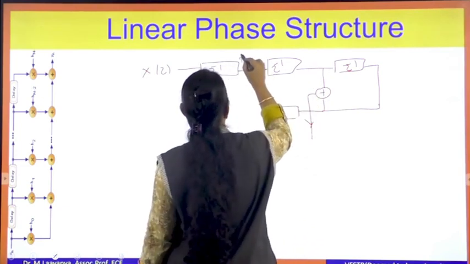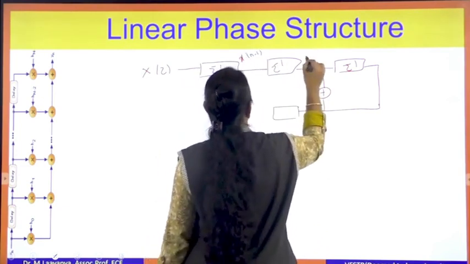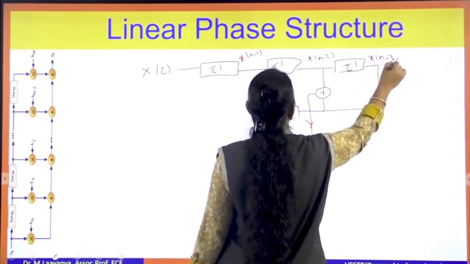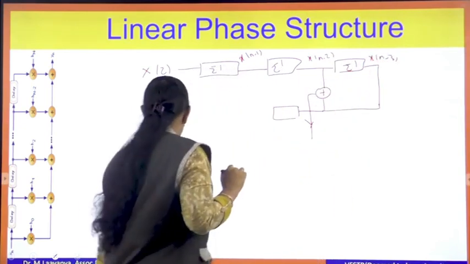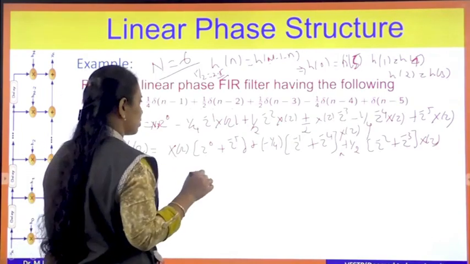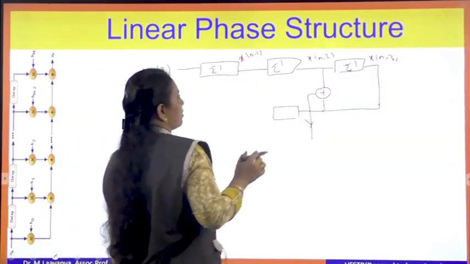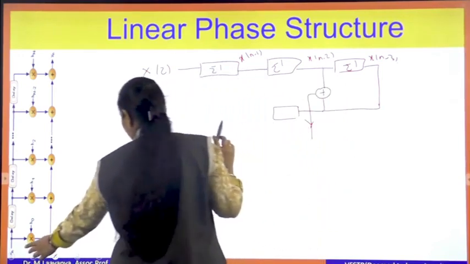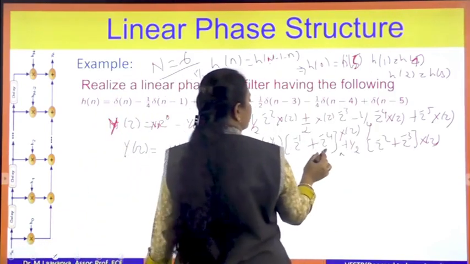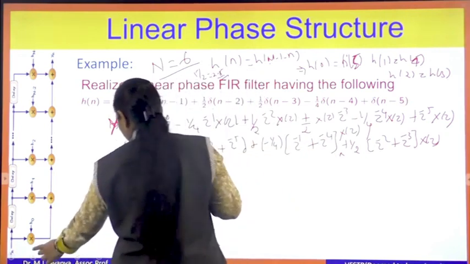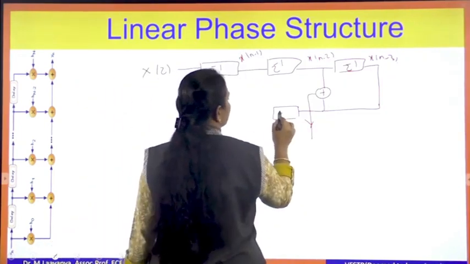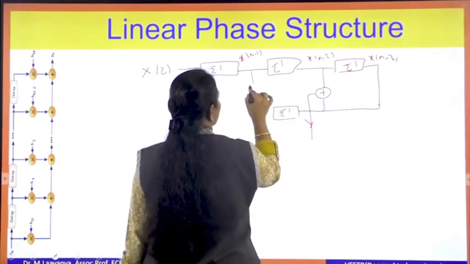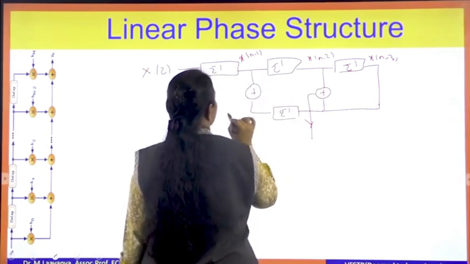This is my x of n minus 1. This is my x of n minus 2, x of n minus 3. So n minus 3 should be added with x of n minus 2. And if you see the next one, z power minus 4 is z power minus 1. So if I put here z power minus 1, this is the fourth location, and these two will be added.